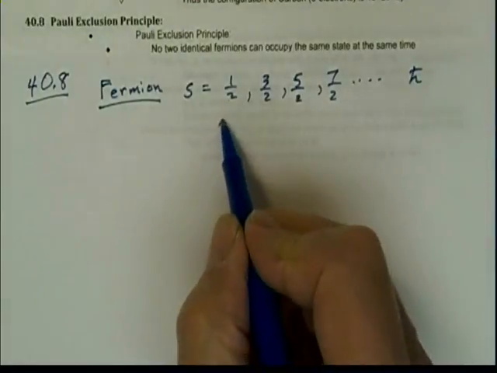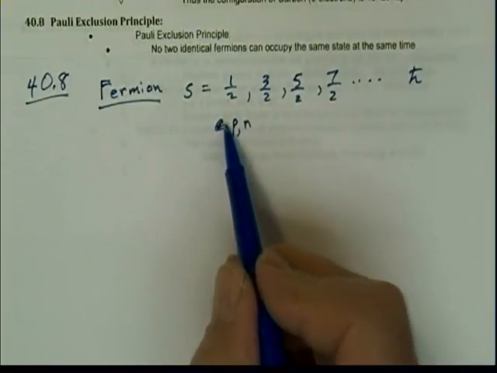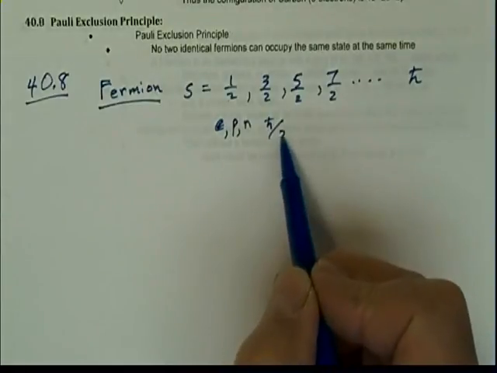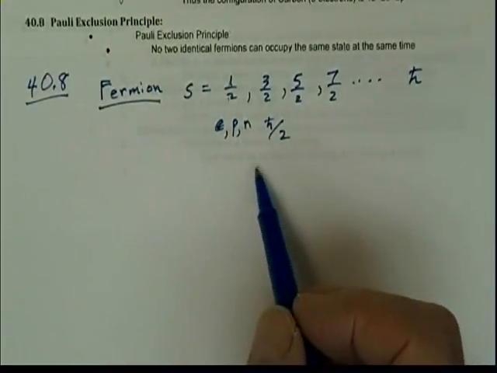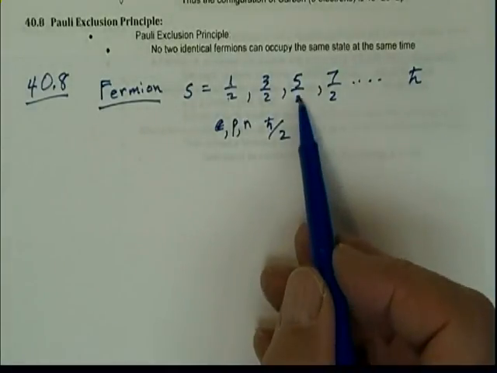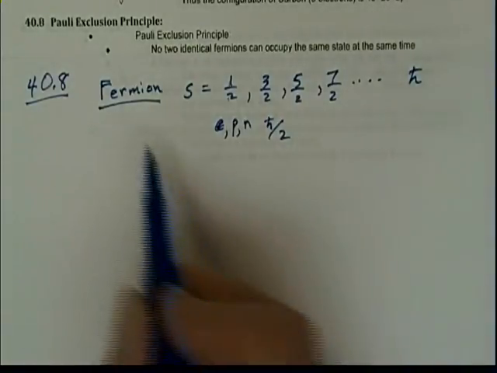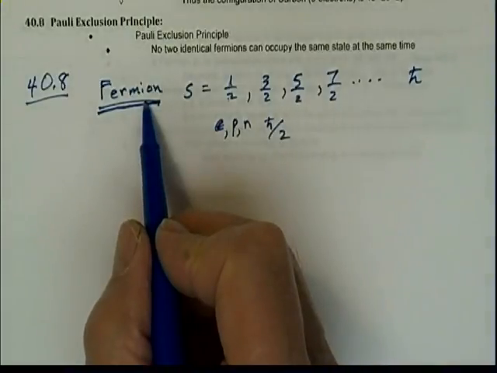So the electron, the proton, and the neutron are the three most familiar particles. They all have a spin of h bar divided by 2, half of h bar, which is this first type. But we have discovered particles now that have spin of 3/2 or 5/2 or even 7/2 h bar that are elementary particles. Such particles that have these spins are called fermions.